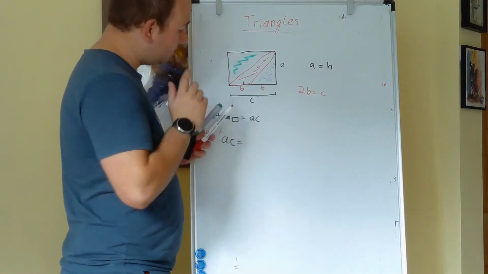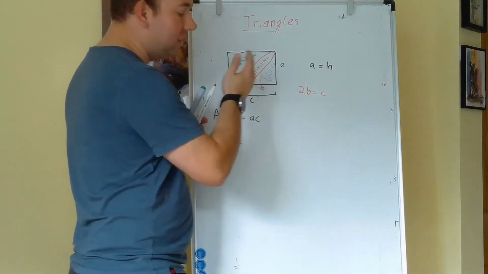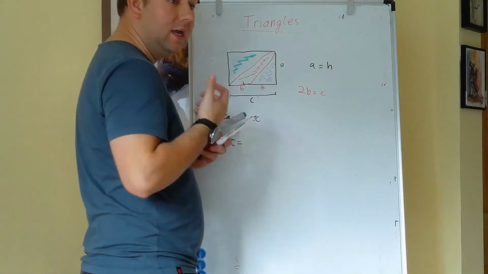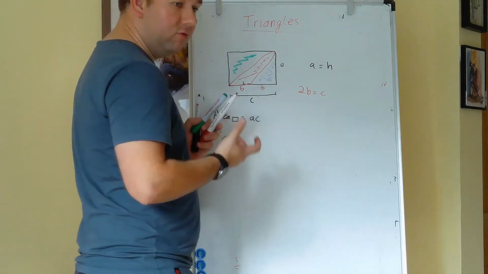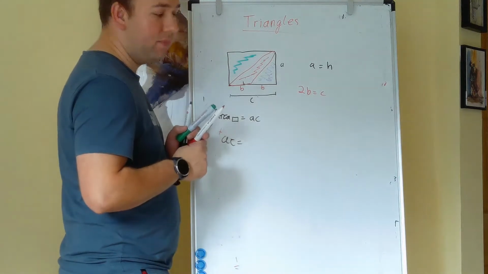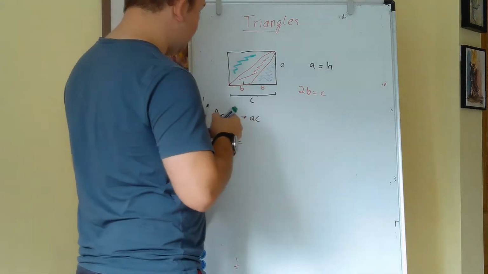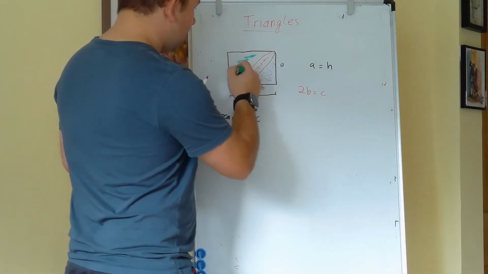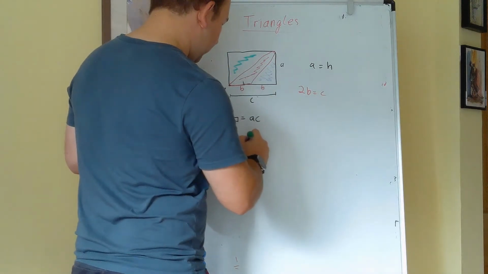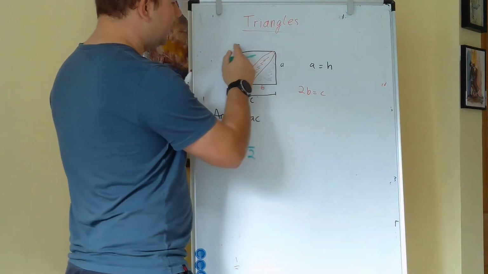So let's first of all look at this blue and green triangle. You can see they're both right angle triangles, and I've just shown you that the formula for a right angle triangle is half the base times the height. So we can actually fill this in. If we start off with the green triangle, this is going to be the height. So we start off with the half. The base of this triangle I'm going to take as this top length here.